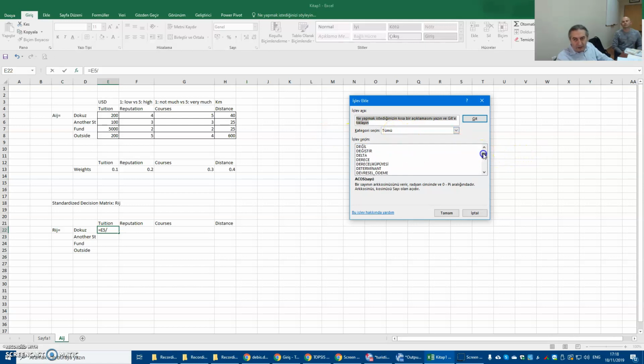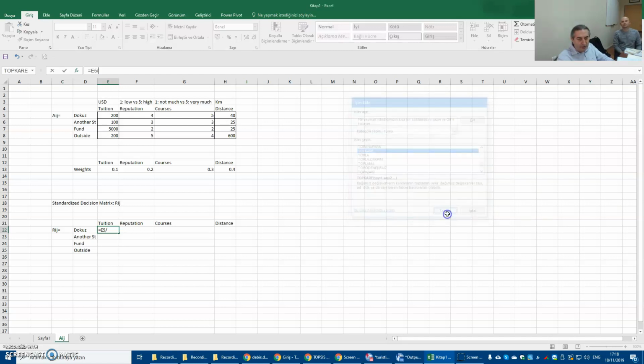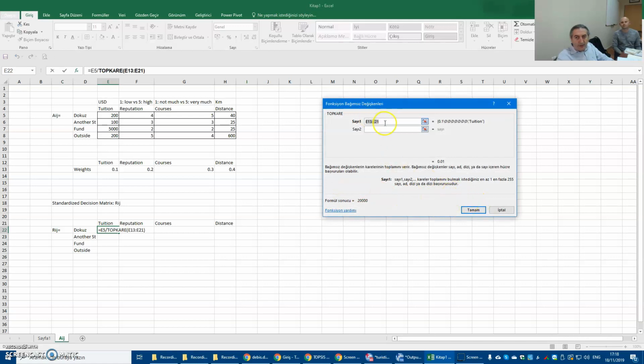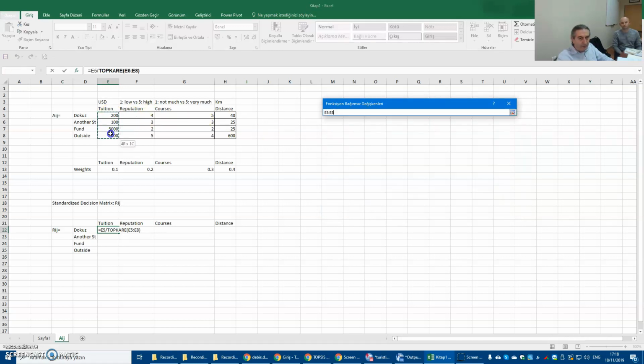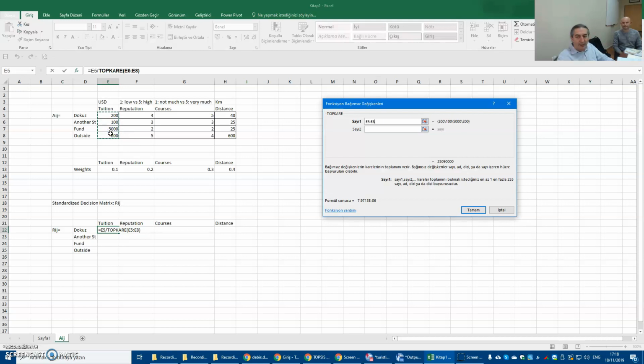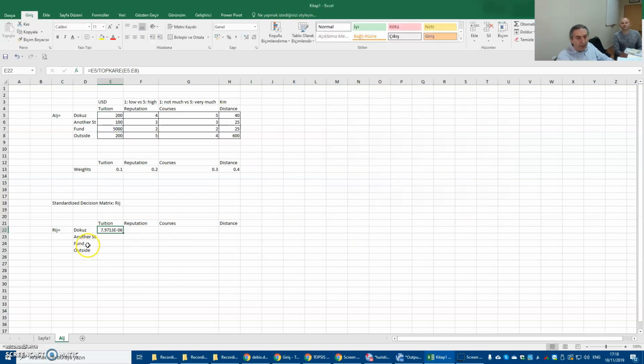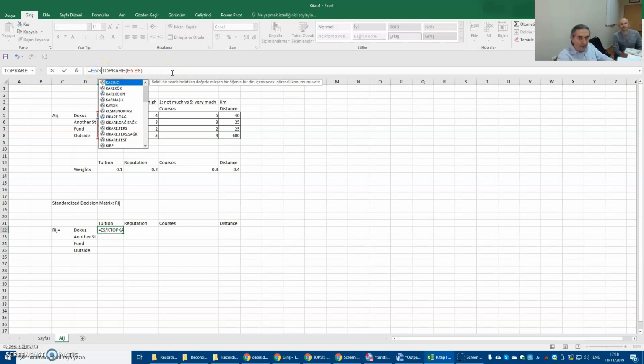from whole functions, where is sum square? Sum square is here, okay? In Turkish top kare and in English sum square. Find sum square here. So choose the values, okay, and finally we need to put square root, in Turkish karekök, in English sqrt function, okay, should be chosen.